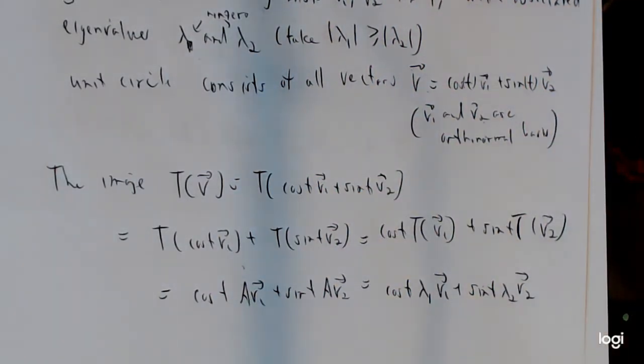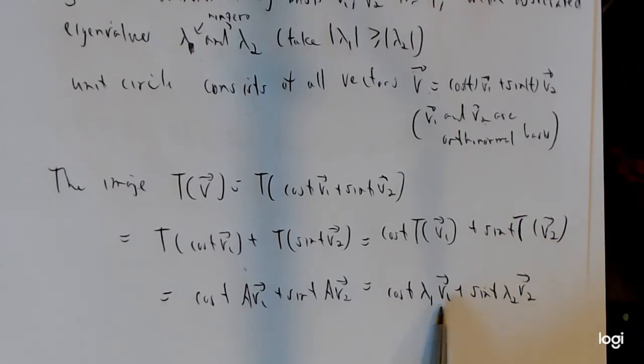What is it that we notice here now? I have cosine of t v sub 1 plus sine of t v sub 2, that's my unit circle. But with lambda sub 1 and lambda sub 2, which are scalars, what am I doing now? I'm stretching the unit circle in the v sub 1 direction by a factor of lambda sub 1, and I'm stretching the unit circle in v sub 2's direction by a factor of lambda sub 2.